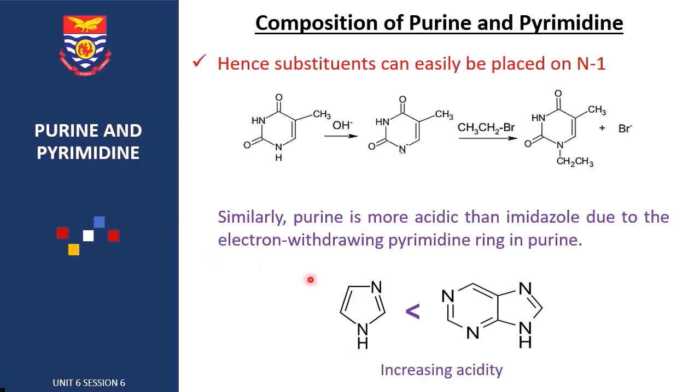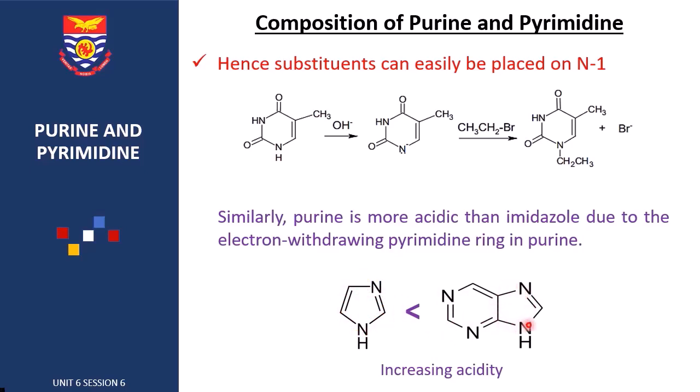Okay, so in also looking at the acidity of purines and imidazoles, we know that Lewis acids are electron pair acceptors, right? So due to the presence of this electron withdrawing pyrimidine ring in purines, it makes purine more acidic than imidazole, right? Both these two structures have the imidazole moiety present.